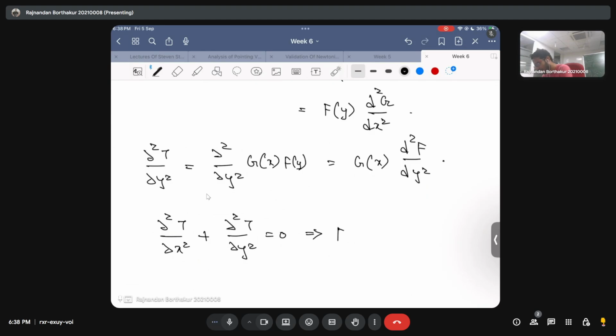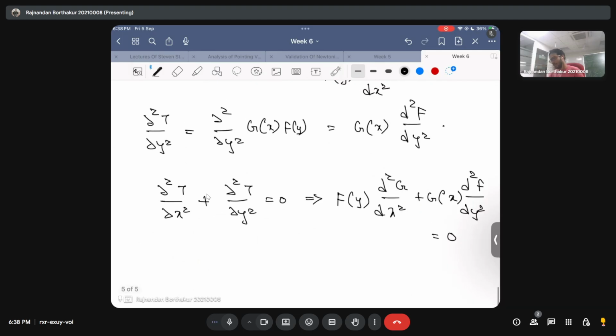So it just becomes f of y times d2g by dx2 plus g of x times d2f by dy2, and this is equal to 0. Okay, I believe so far we're going nice and easy, and things are clear up to this point.